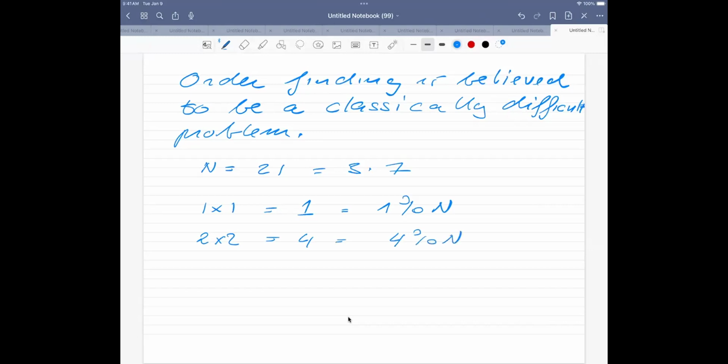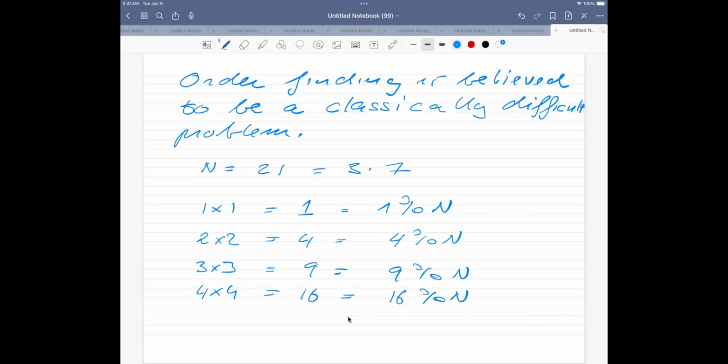I'm not rewriting 21 again and again here. Then if I continue like this, 3 times 3 is 9, and that is the same as 9 modulus n. Then 4 times 4, 16, is equal to 16 modulus n.